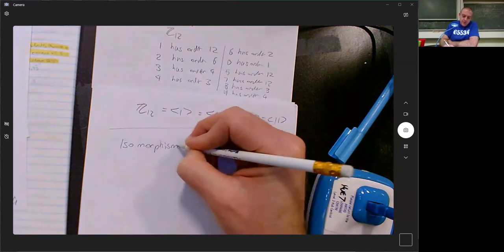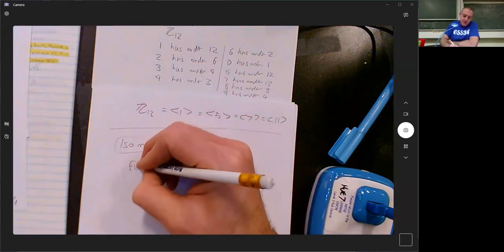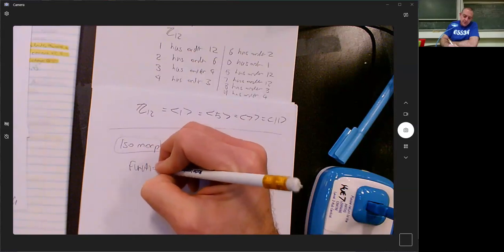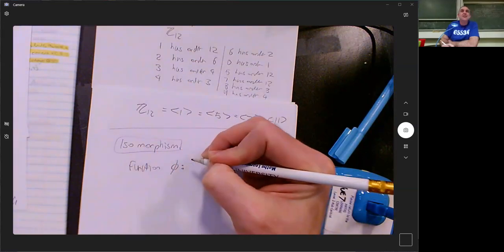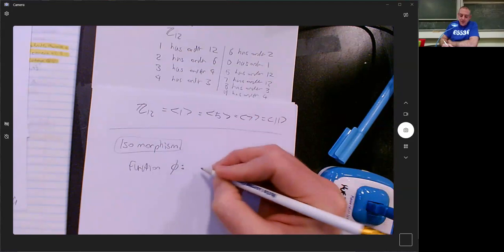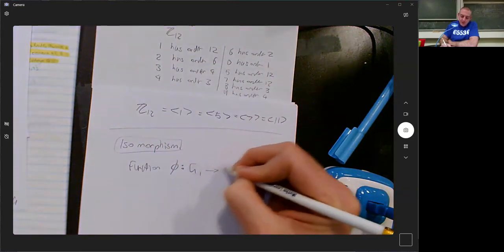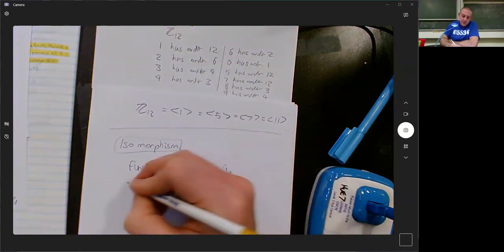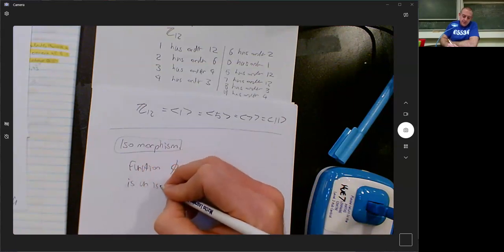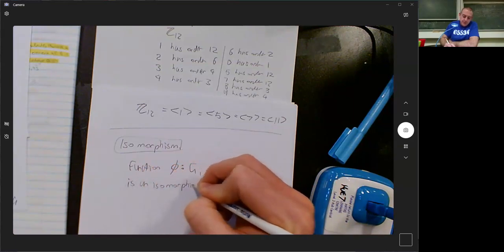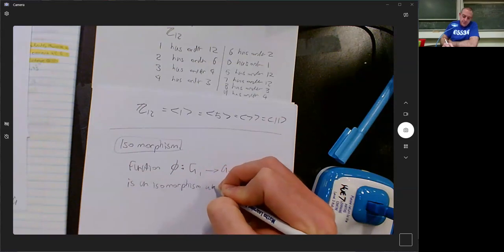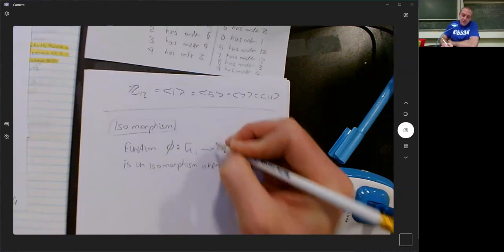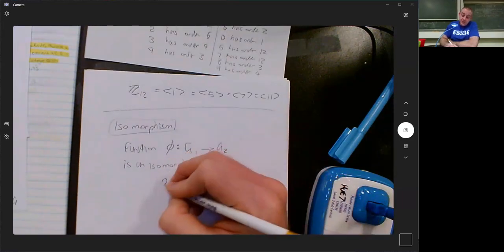So an isomorphism, so let's see. A function, traditionally phi, isn't it? Which sends G1 to G2, is an isomorphism when it's bijective.